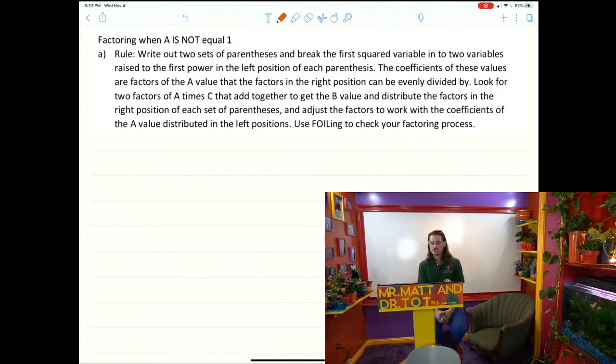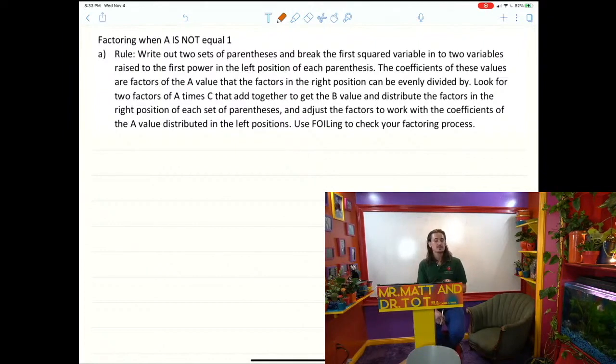The coefficients, however, of these values are factors of the a value, so that the factors in the right position can be evenly divided by them. Look for two factors of a times c. So now we're not taking two factors of c that add together to get b.